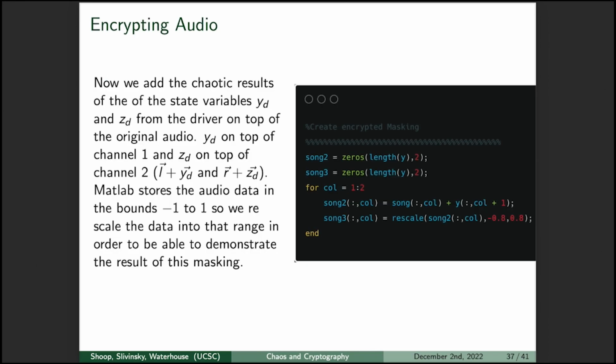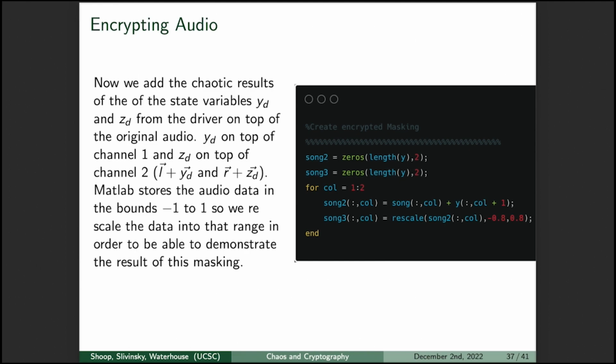Now that we have the chaotic data, we can move on to actually masking the audio snippet. We add the chaotic results from YD and ZD on top of the original audio, using YD to mask the first channel and ZD to mask the second channel. In the notation from the previous slide, we are adding YD to L and ZD to R. MATLAB stores the audio data in numbers from the range -1 to 1.